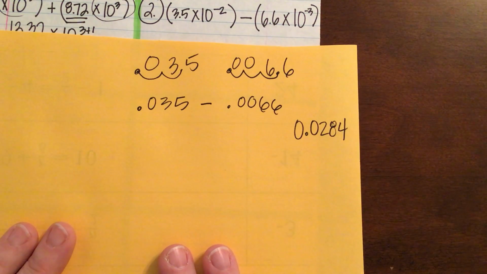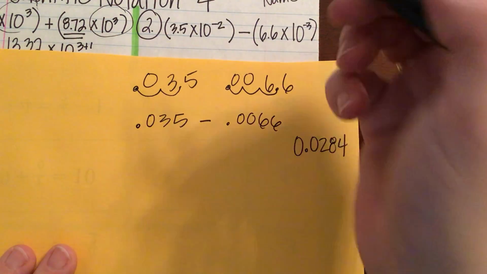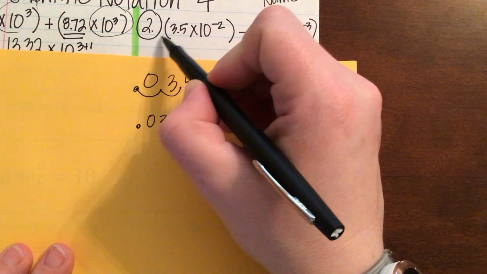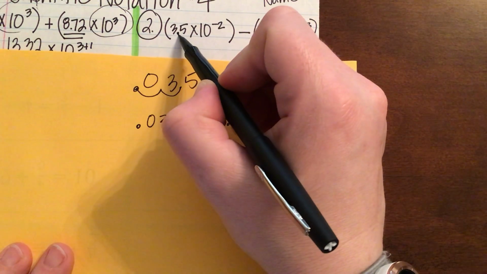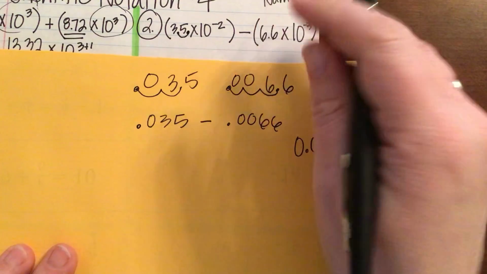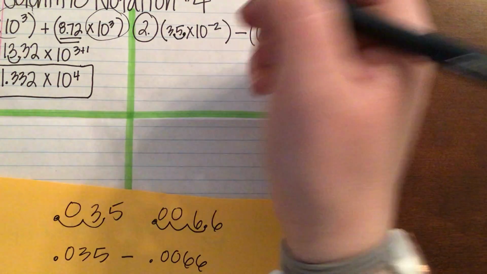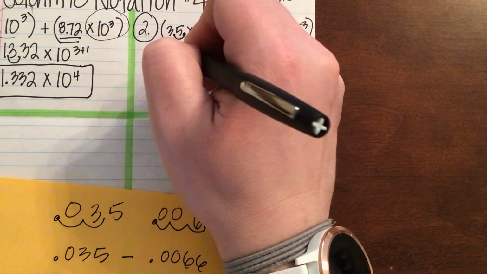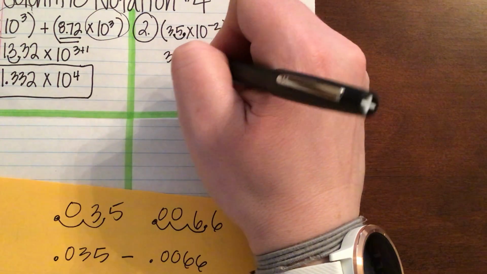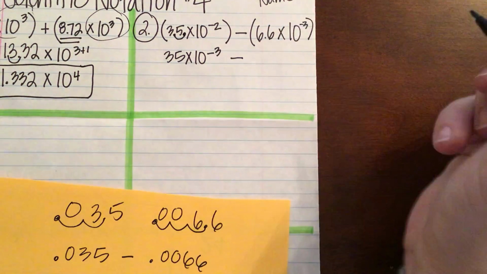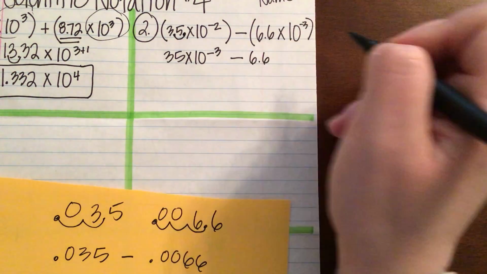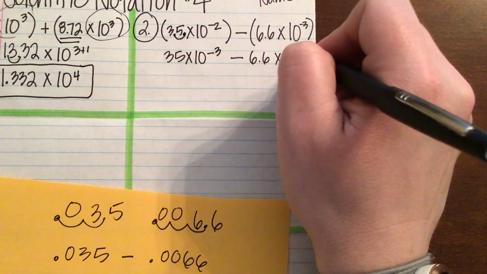So what I can do: for -2, I did boop, boop, I went here. If I give this another negative move, I have 35 times 10 to the -3rd minus 6.6 times 10 to the -3rd.